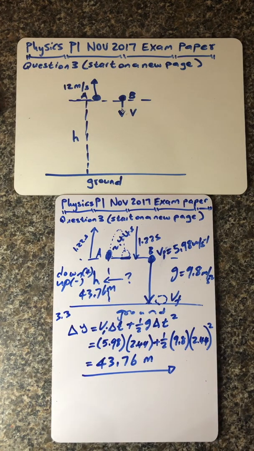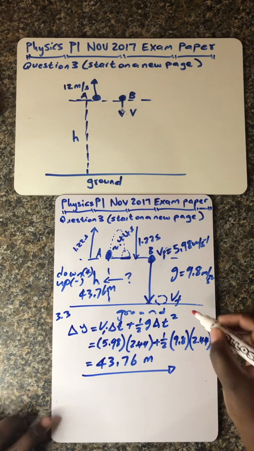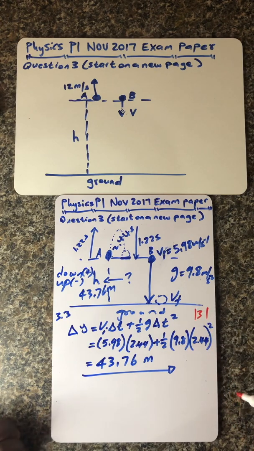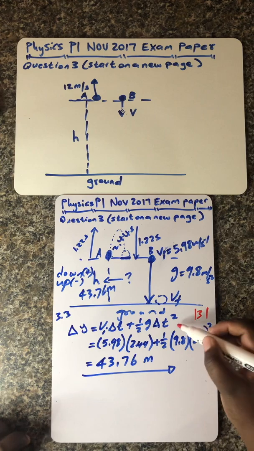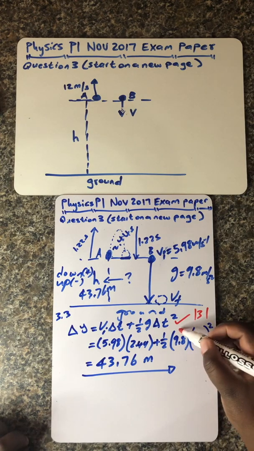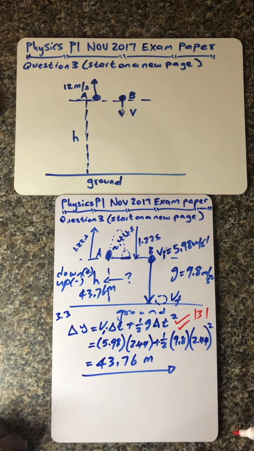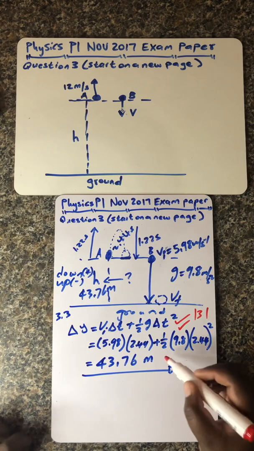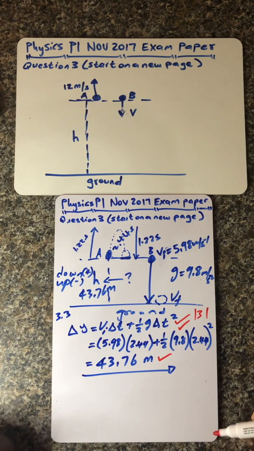The last part, obviously I'm going to show you where you score marks. And remember guys, this question was allocated 3 marks. You get a mark for choosing the correct formula, a mark for correct substitution, and the last mark for your final answer with the correct unit.